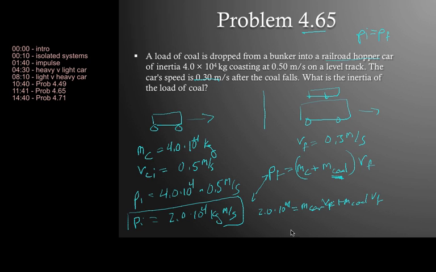So what we're going to do is do this 2.0 times 10 to the 4 minus the mass of the car, V final. And then now we have M coal over on this side, so we're going to end up dividing by V final. And what you'll find out when you plug this in, you should get something like 2.7 times 10 to the 4 kilograms.